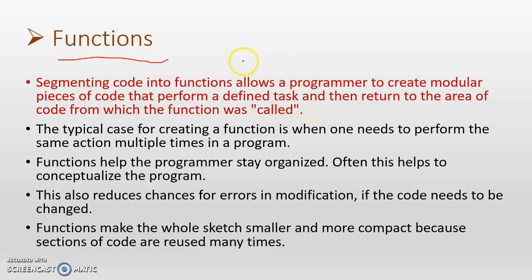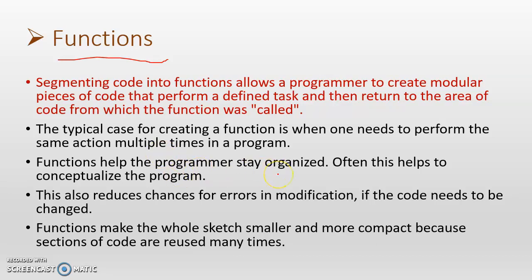So a function is where we can define in the program a short program that will be useful in the whole program whenever it has to execute later in the program. A typical case for creating a function is when one needs to perform the same action multiple times in a program, right? So it will be stored in the same program, and that will be used whenever it is needed.